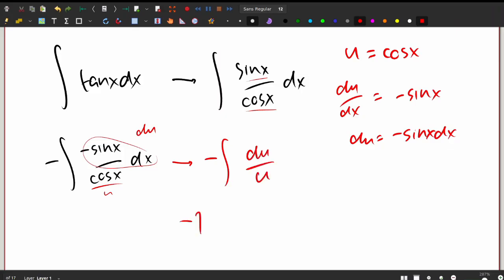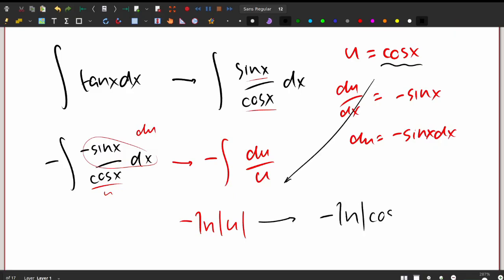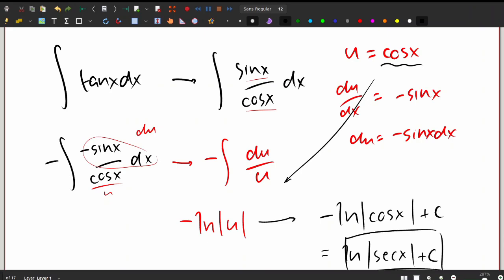This becomes negative ln u. Once again, all we have to do is plug in cosine x wherever we have u, and therefore this becomes negative ln cosine x plus c, which is also equivalent to ln secant x plus c, and therefore this is the integral of tangent x.